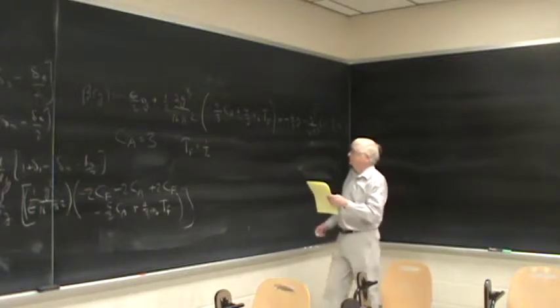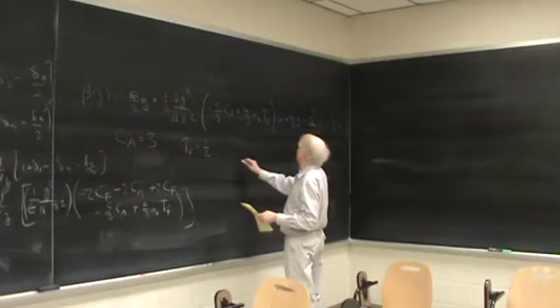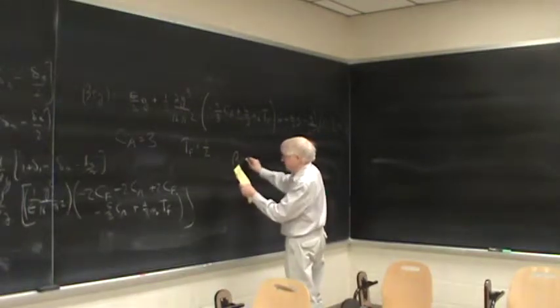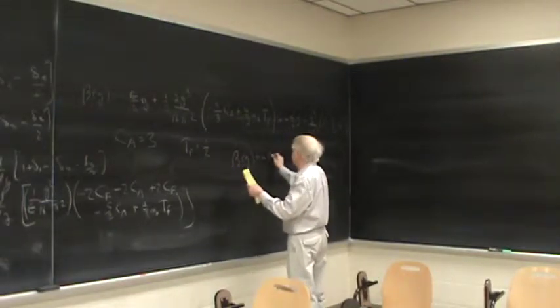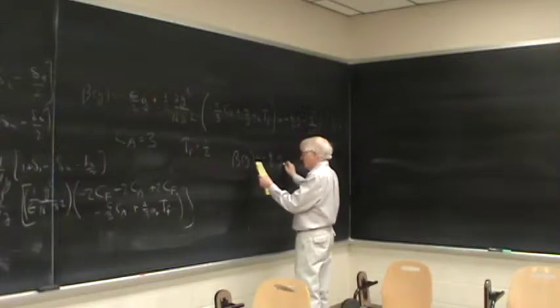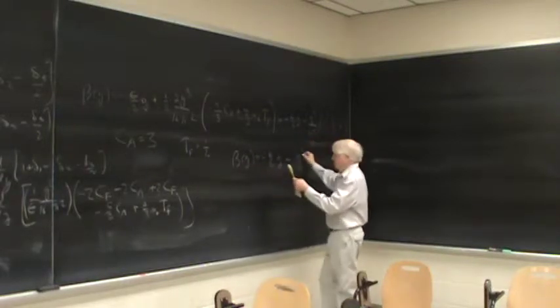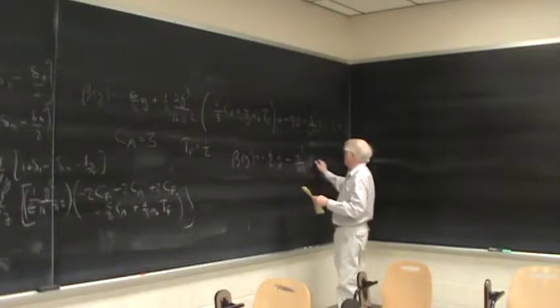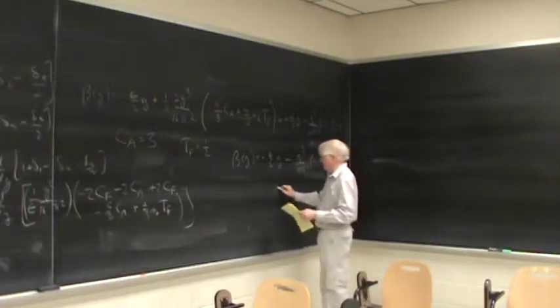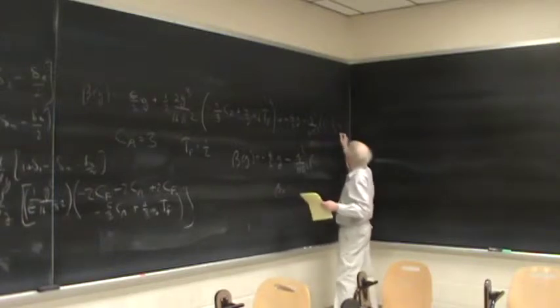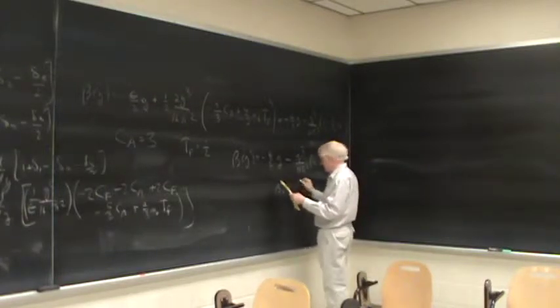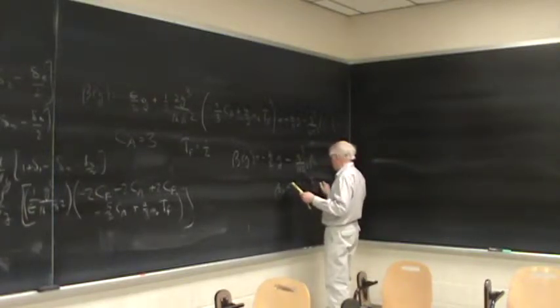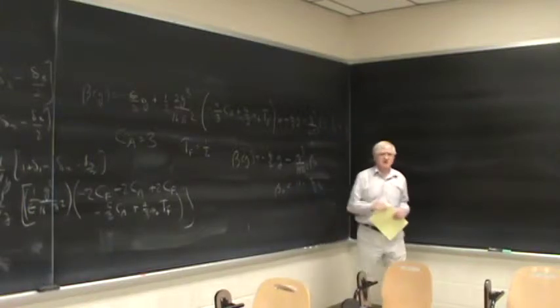And in the trade, one then says beta of g is minus epsilon over 2 g minus g cubed over 16 pi squared, and this thing is called beta 0. Beta 0 just being what's in the parentheses here, namely 11 minus 2/3 times the number of flavors.